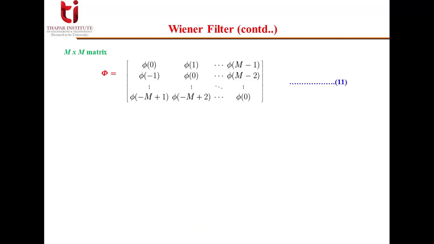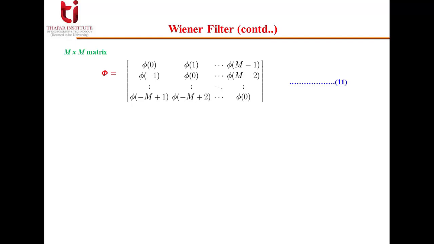Now how can we represent this M cross M matrix, and what values will it have? It will have values running from phi 0 to phi M minus 1, and the last row will have phi of minus M plus 1 to phi of 0. This product is a commutative kind of operation, so when we change the order, phi of i minus k is phi of k minus i.